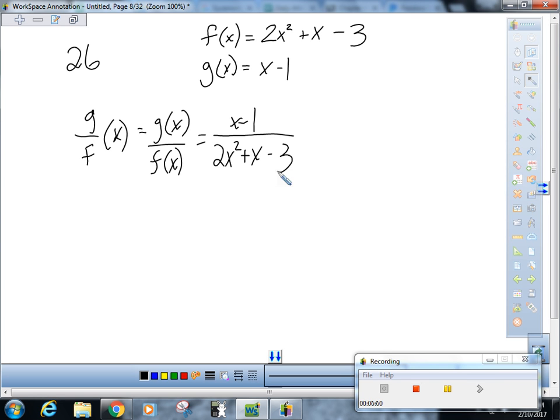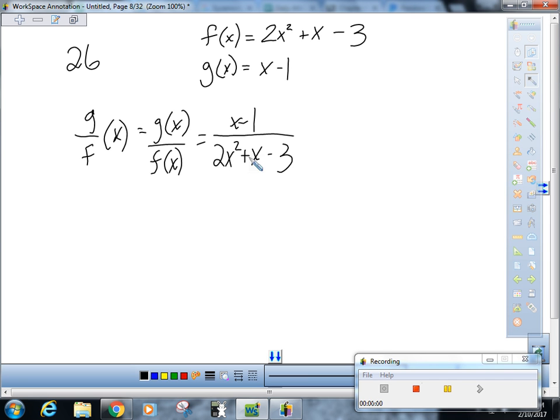In order to factor the bottom, we would have to do the AC method, which we learned. We're looking for two numbers that multiply to be -6 and add to be +1. Then we would split the middle and factor by grouping.